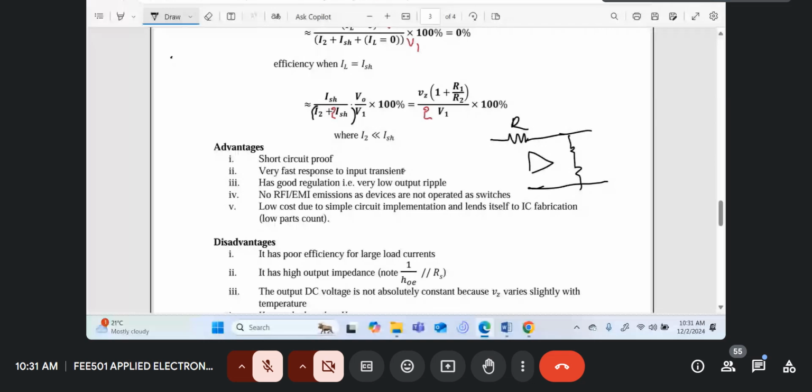This gives feedback, and then your control element, and then you've got your load.